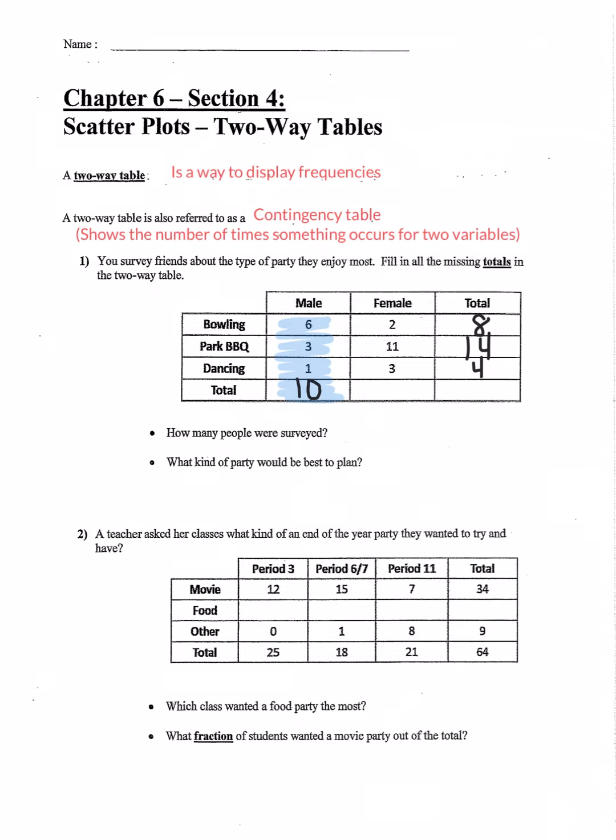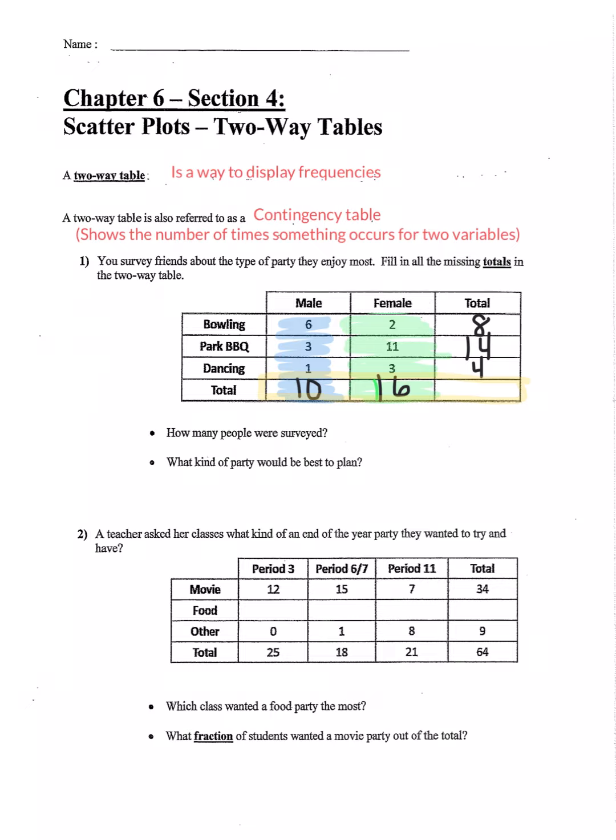I can add the female column. Oh, I'm crossing it out. Okay, so now that I've highlighted it correctly, if you add the female column, 2 plus 11 plus 3, that should give me 16. So now what we're going to do is add across. I'm going to add these right here.